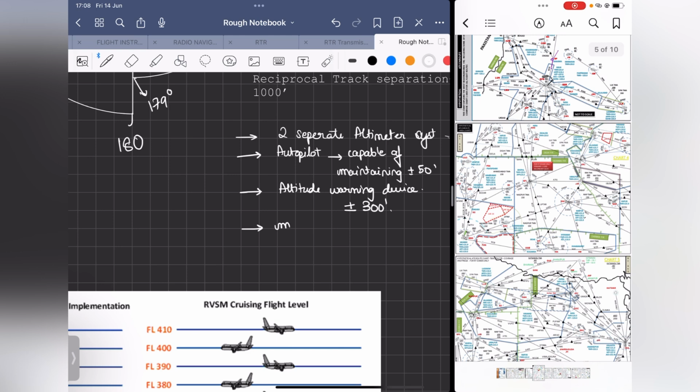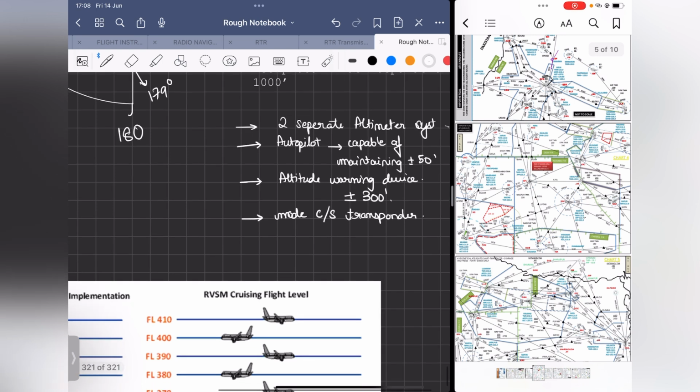Fourth, you should have a mode C or S transponder. Fifth, the pilot in command and the aircraft have to be RVSM approved.